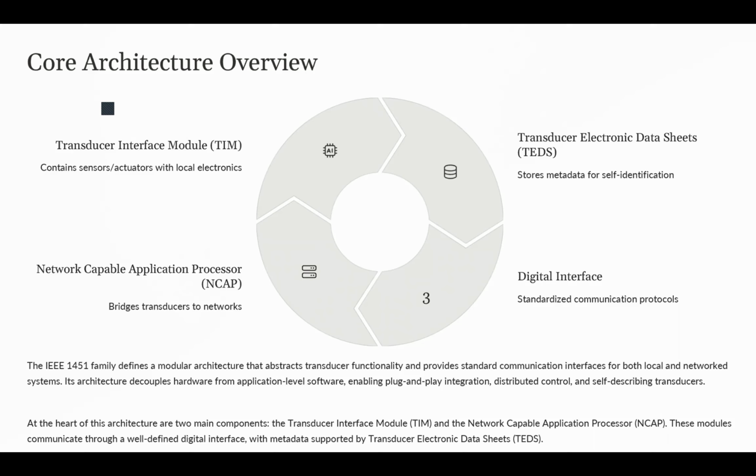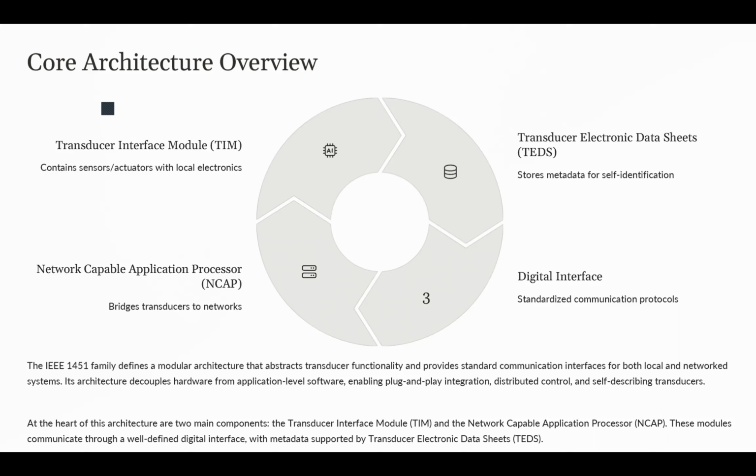Now, we have a digital interface which basically defines a standard communication protocol between the TIM and the NCAP. It handles structured data exchange and command execution, regardless of the physical medium that we use for the connection between the TIM and NCAP. It could be wireless, it could be several types of wire.